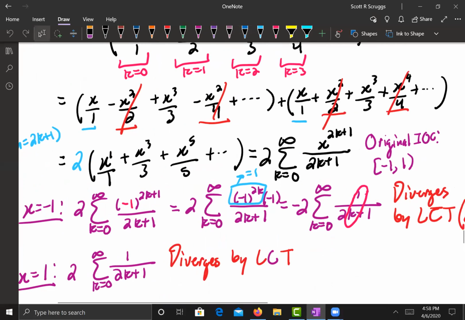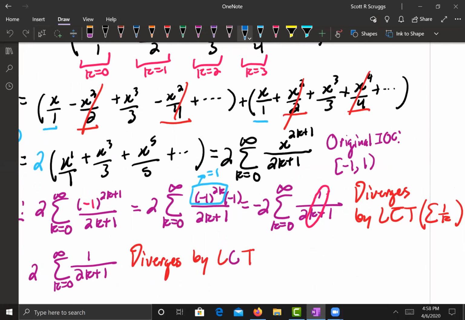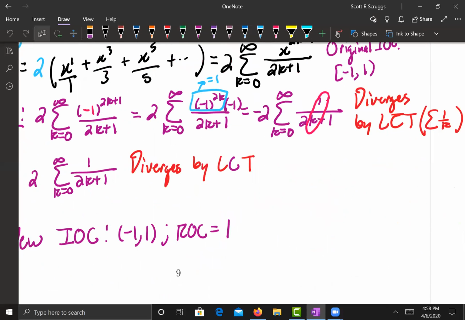But when I plugged in -1 into my brand new power series, I showed that it diverges by limit comparison test, which means that I altered my interval of convergence. Not a very big change, but it's still a significant change that we need to double check. So I should have clarified that with you, Luke, that only the endpoints will be really changing.